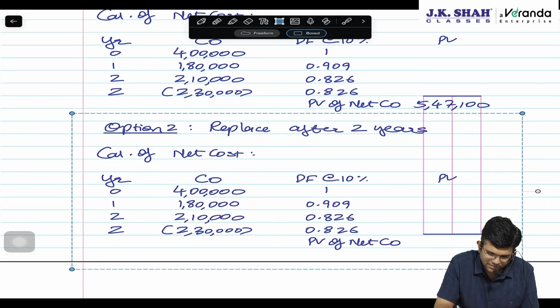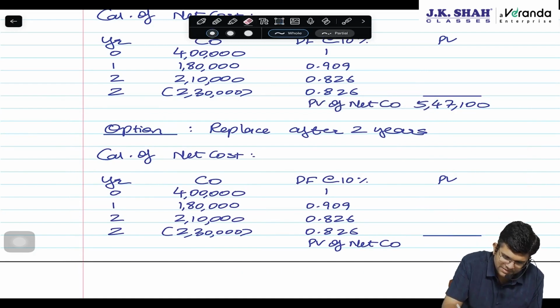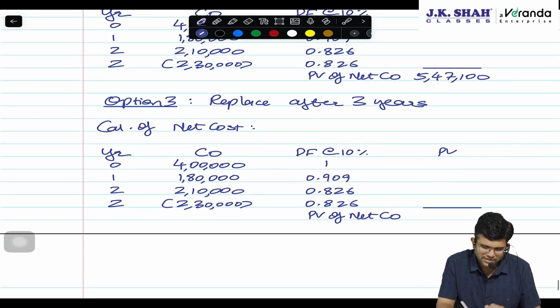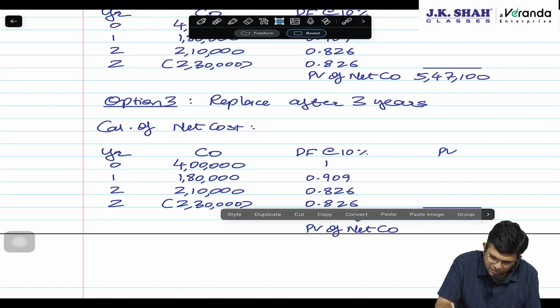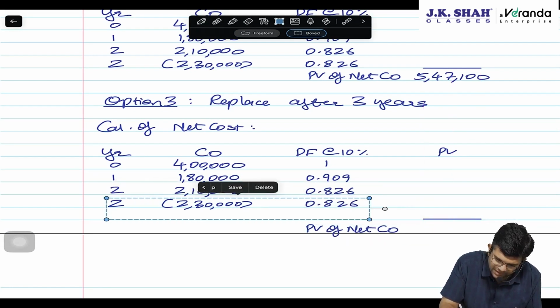Then what third option do you have? Replace after 3 years. So I am writing here, replace after 3 years. Tell me from where things will change. This PV of net cash outflow I am keeping same. This I'll remove.